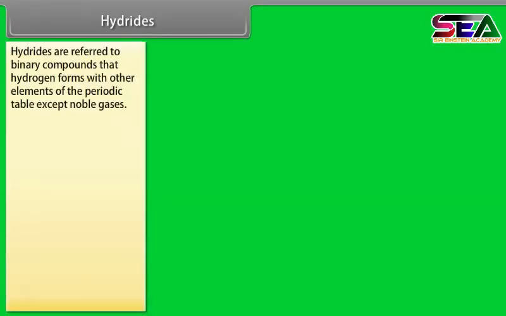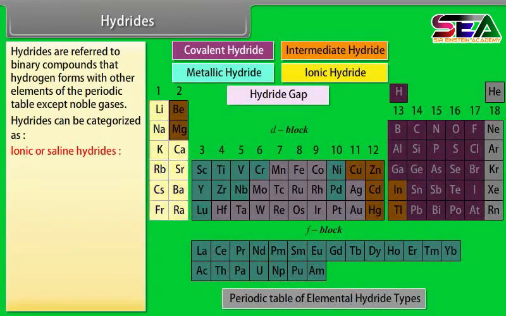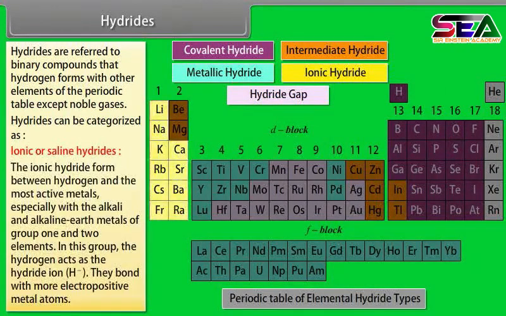Hydrides. Hydrides refer to binary compounds that hydrogen forms with other elements of the periodic table except noble gases. Hydrides can be categorized as ionic or saline hydrides. The ionic hydrides form between hydrogen and the most active metals, especially the alkali and alkaline earth metals of group 1 and 2 elements.